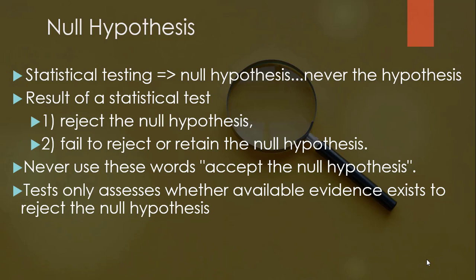When we find out new things, we reject previous findings, because now we have new knowledge. We don't use the word accept, because accept has a kind of finality to it. Never use accept when you are relating to your hypothesis after your statistical testing.